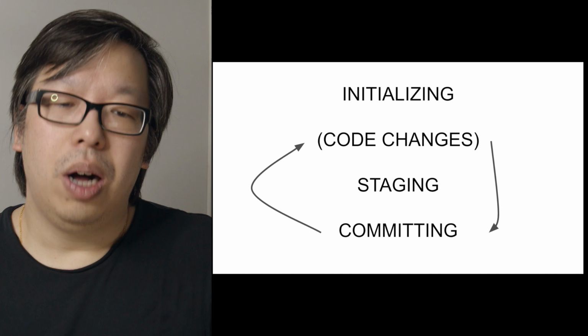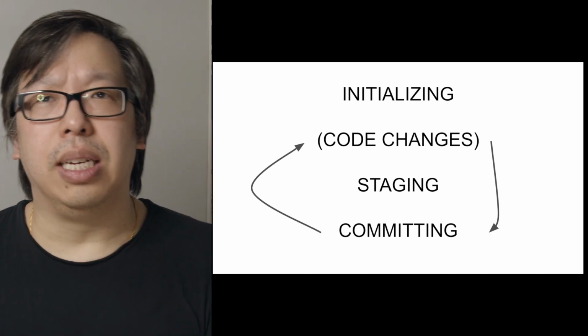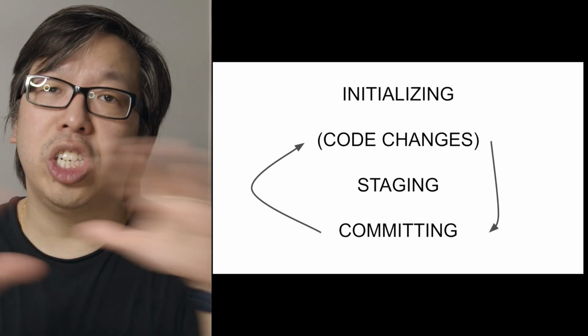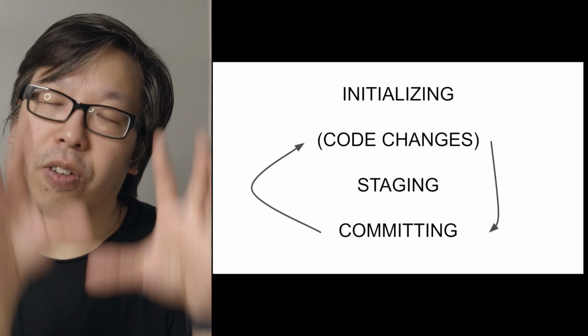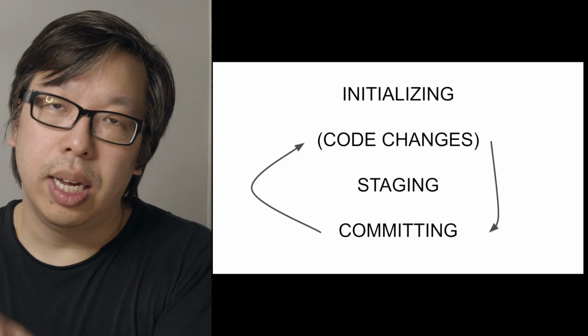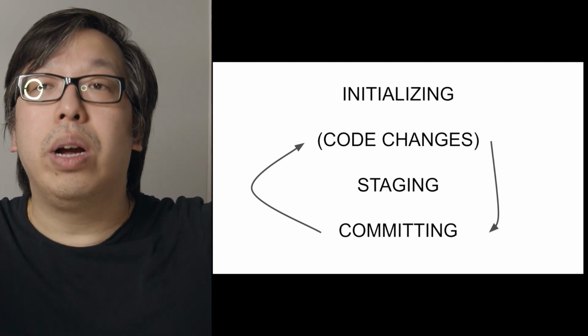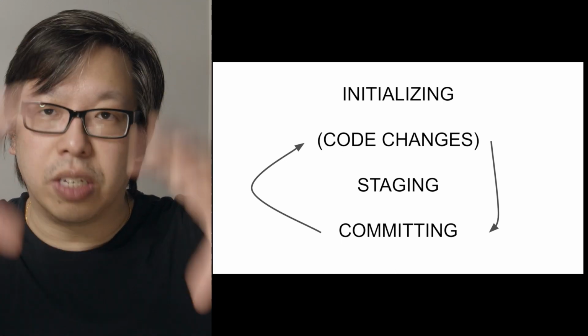Well, there's really only 4 things that you need to think about. The first thing is initializing. And all initializing means is what I was saying before. It's converting a folder into a Git repository. So initializing is basically saying, from now on, I am going to tell Git to monitor this folder.